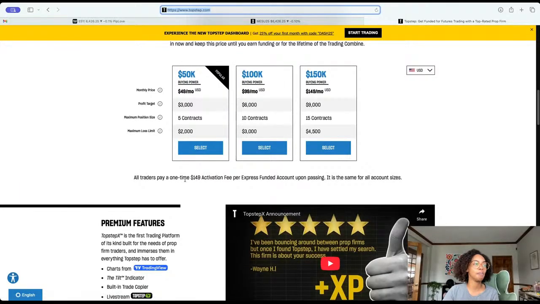You would instead pay your activation fee, so that now you are set up for an XFA, an Express Funded Account. What that means is that after you have 5 days of making $125 or more, you can request a payout.